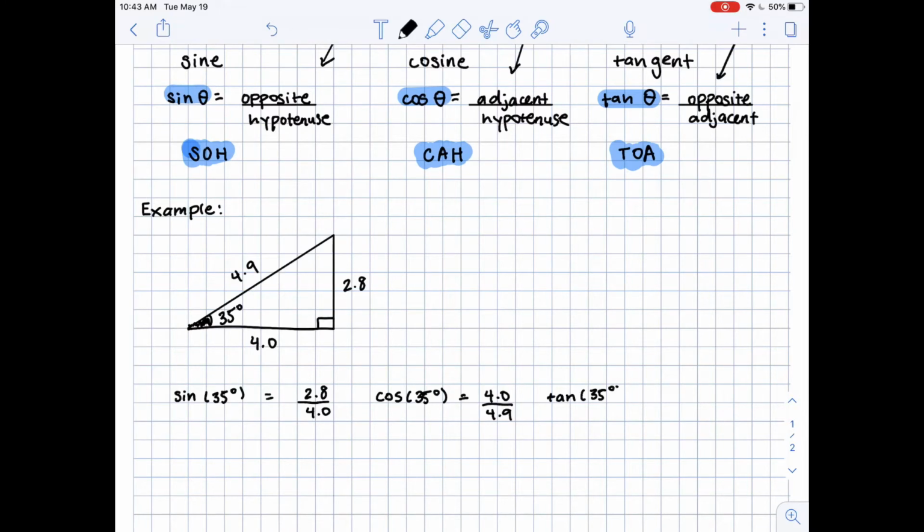And tangent of 35 degrees is equal to opposite over adjacent. What I would like for you to do right now is pause the video, go ahead and divide those fractions and simplify to the nearest hundredths. Go ahead, do that. I'm going to do those simultaneously.